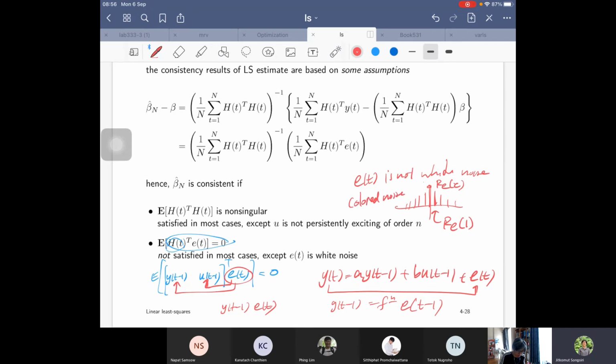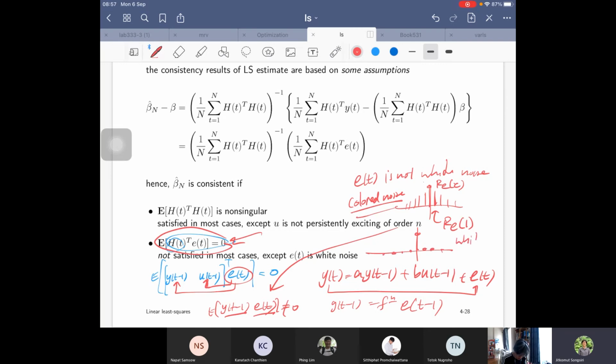In such case, I give you this example of colored noise, all right? So in such an example, your y_{t-1} and e_t, do they have correlation? Yes, right? It's non-zero. And that's going to be problematic because the assumption that you rely on here is no longer satisfied. But if e_t is white noise, what happened?